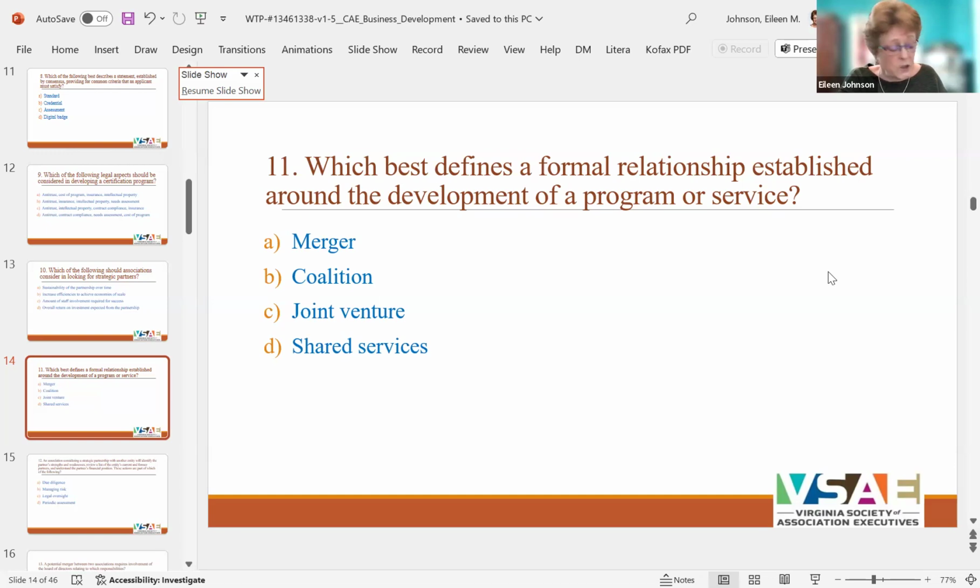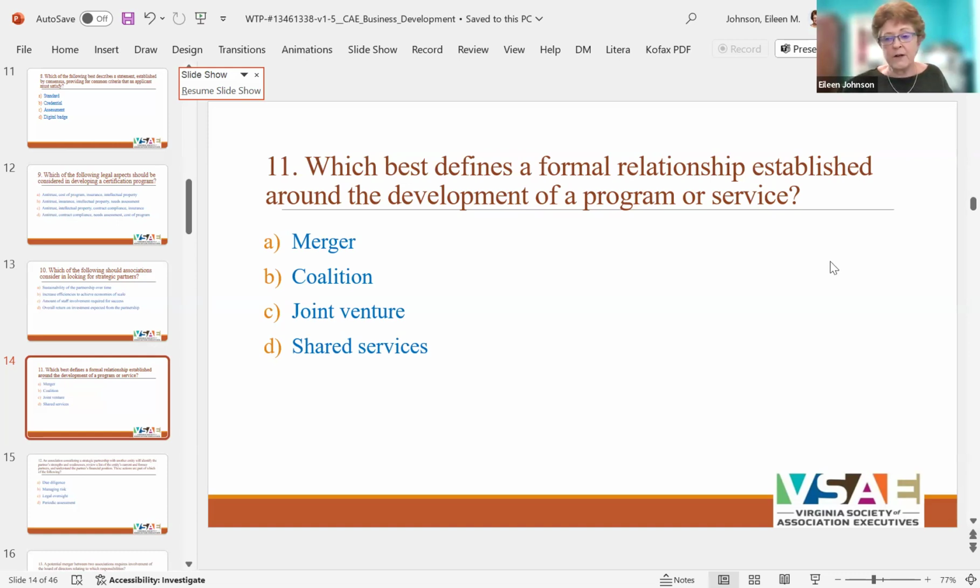A joint venture, technically, could be a separate legal entity. So maybe that's too formal. Like two associations might form an LLC together, and they would use it maybe to combine purchasing or something like that. So shared services, by default, would be the response.